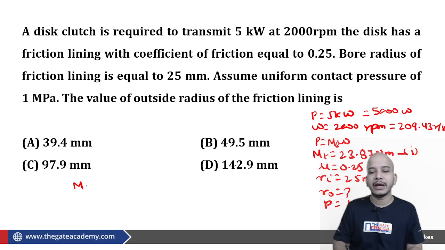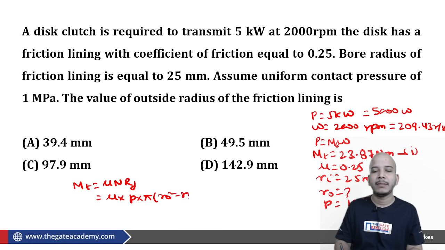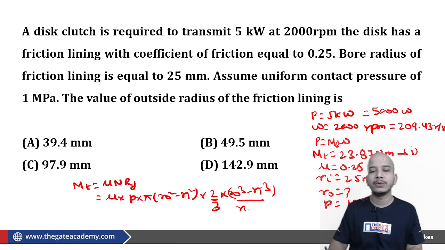Straight away we know that Mt is equal to mu into N into Rf. From here we can say mu into N is equal to how much? Pressure P into area, area is pi into Ro square minus Ri square, into Rf, Rf is how much? 2 by 3 into Ro cube minus Ri cube upon Ro square minus Ri square.